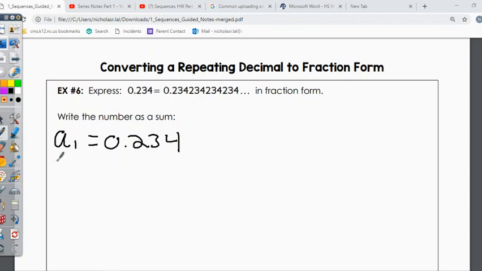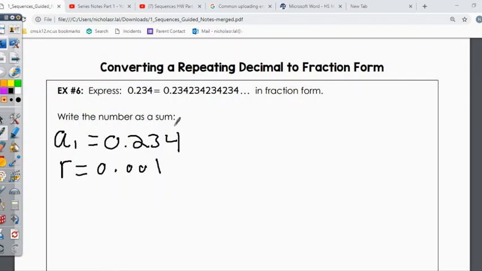Our r value is going to be 0.001. Each give this in fraction form.